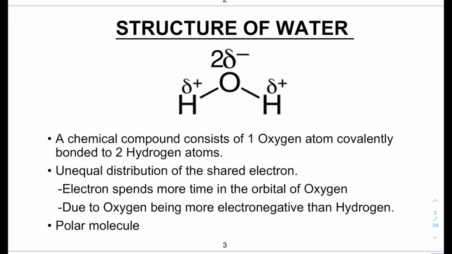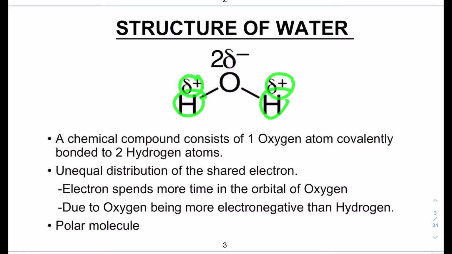And because of this, itu menyebabkan kawasan oksigen ini is more negative compared to kawasan hydrogen. So in water molecule, the oxygen is slightly more negative and the hydrogen is slightly more positive.